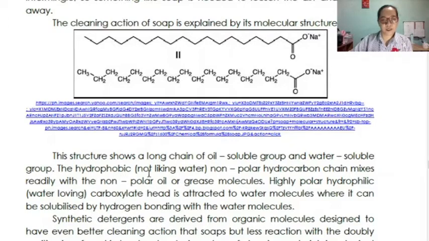The hydrophobic, not liking water, nonpolar hydrocarbon chain, this, mixes with the nonpolar or grease molecules, this part. The length of the hydrocarbon chain varies with the type of fat or oil, but it is usually quite long. I will discuss this in detail later.